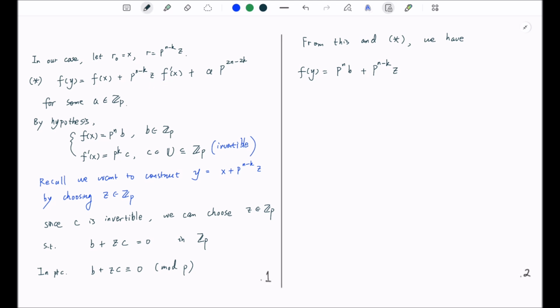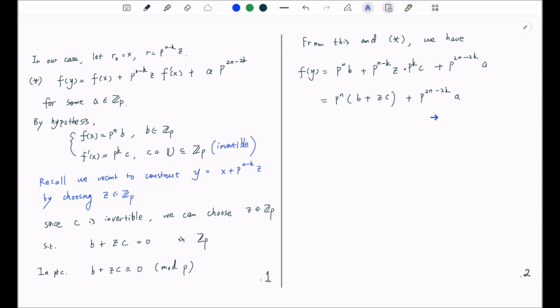This is p^k c, plus p to the power 2n minus 2k times a. And now we're going to combine the first and second terms by pulling out p to the power n. And the rest is b plus zc. As the last term, p to the power 2n minus 2k times a.